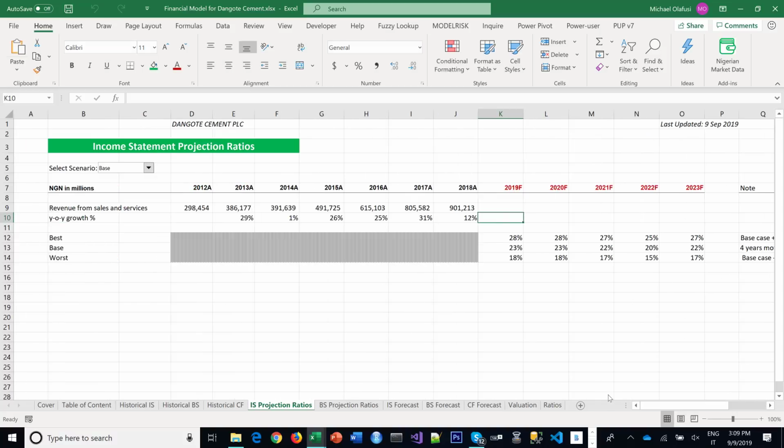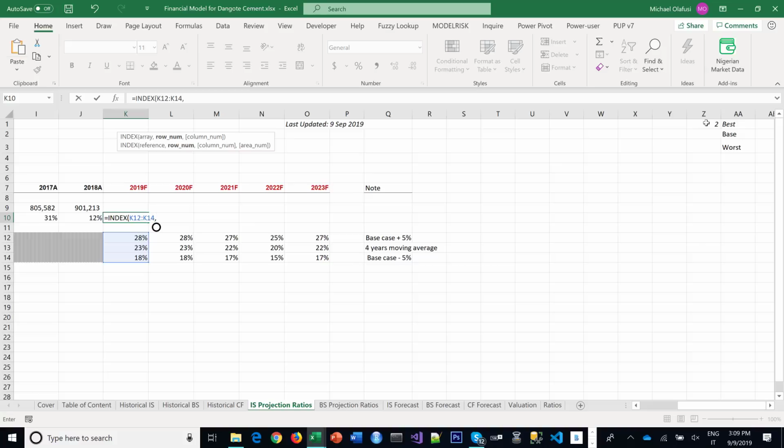But I don't want to write the word base. What I want is the figures. So it means I'm going to do index, and this time around those figures, right? And then which one did you pick? If you pick base case, it will be 2 here, right? And because I intend to drag this, I'm going to make this absolute.